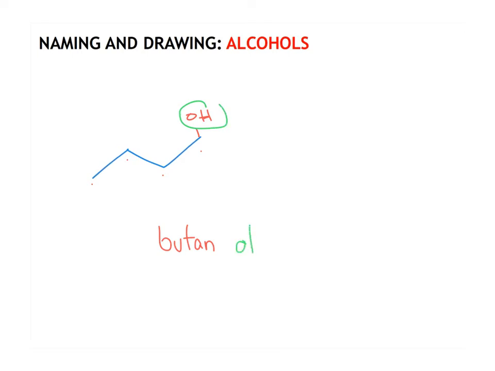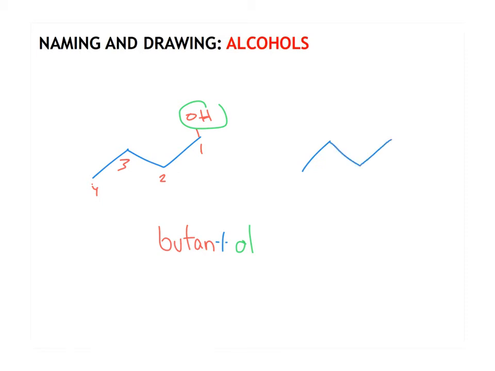So butanol is the name of that alcohol. Now we do need to number it, and we do give that alcohol priority. So this is 1, 2, 3, 4. And the way that we identify the location of that OH is again with a number. So this would be butan-1-ol.